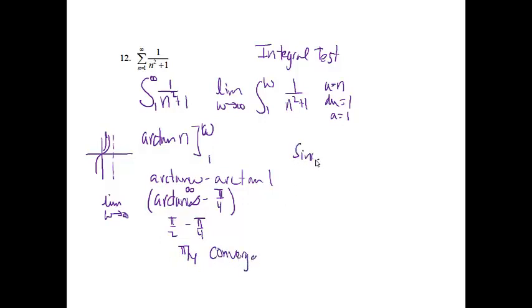So I can say since the integral from 1 to infinity of 1 over n squared plus 1 converges, so does the series. All right, and again, if you couldn't remember what arctan of infinity was, then using the direct comparison test would get you out of that pickle.